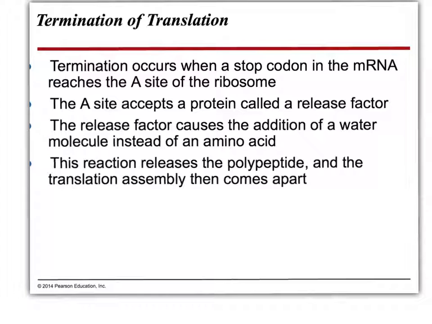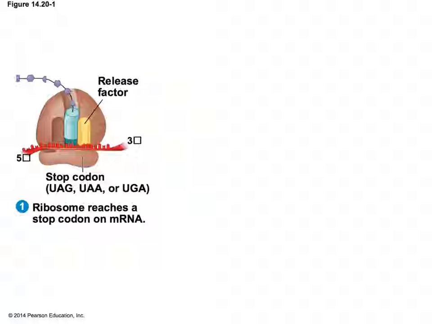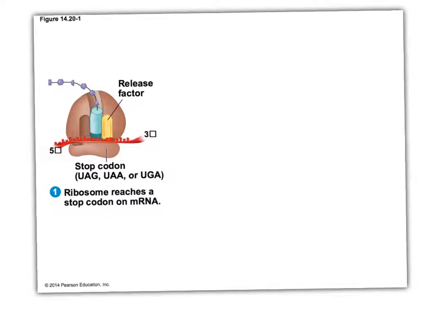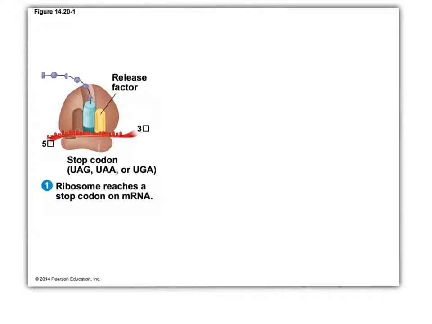Because the translocation can't occur, everything breaks apart. So, here's the process. One of the stop codons comes together. UAG, UAA, UGA. No tRNA can come in there with an amino acid.